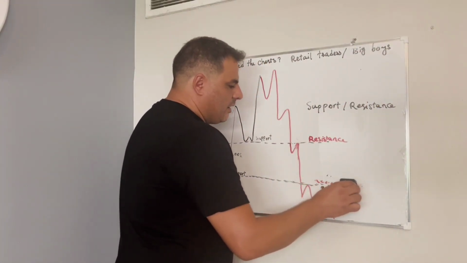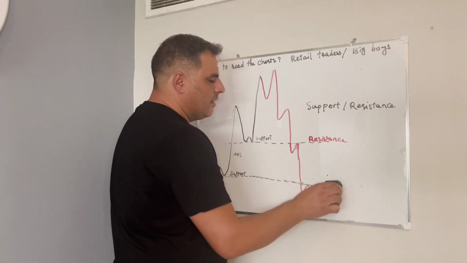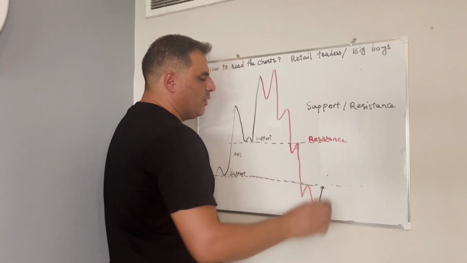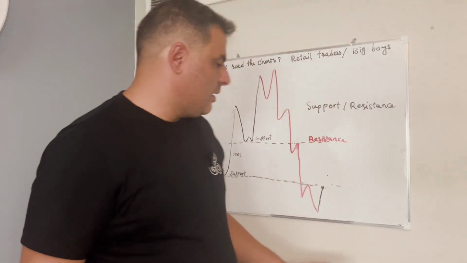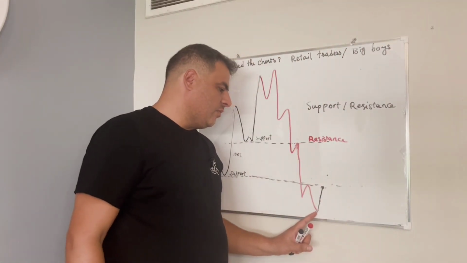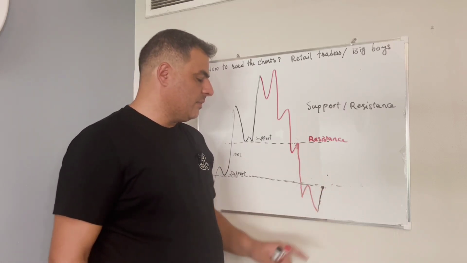Now, in a scenario like this, the banks, the big boys know how you're thinking. So, let's say we are watching the market live now and we are going to decide what to do next.